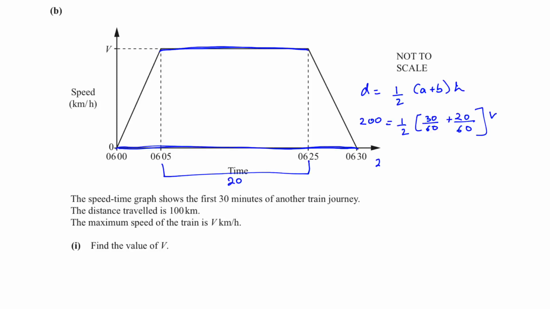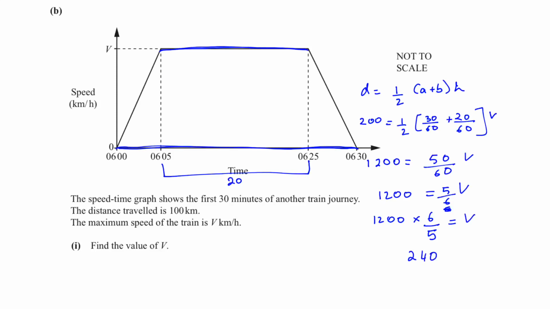Multiply by 2 to the other side, so you will get 1200 is equal to 50 over 60 v. Therefore 1200 is equal to 5 over 6 v. The denominator moves to the other side and becomes multiply, and the numerator becomes the denominator. This will give you 240 as your speed.